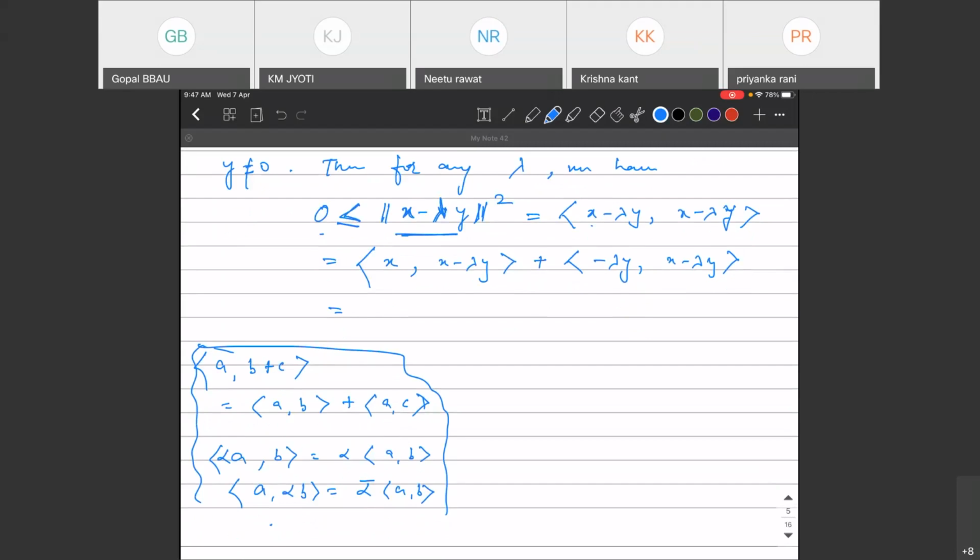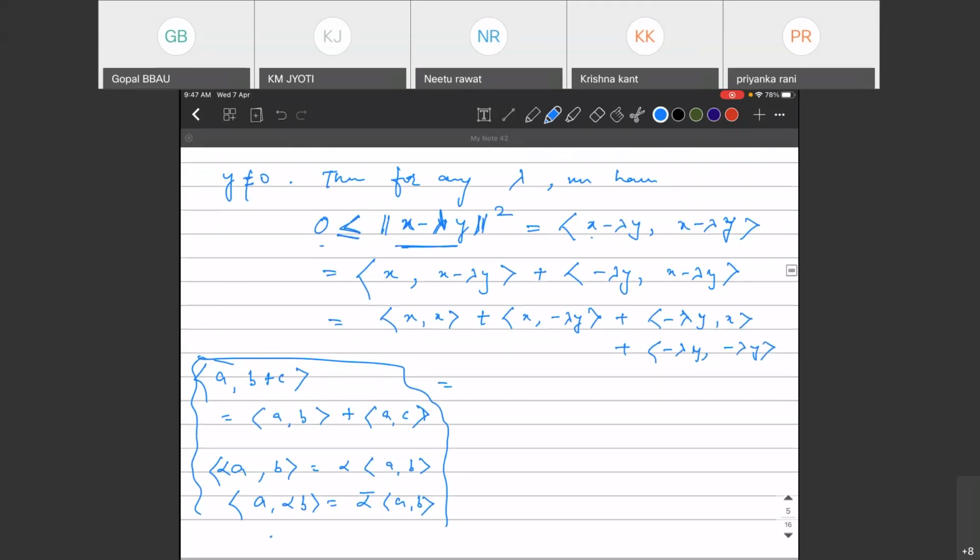So the first one will be x comma x. Let me write the second one: x comma minus lambda y, plus minus lambda y comma x, plus minus lambda y comma minus lambda y.